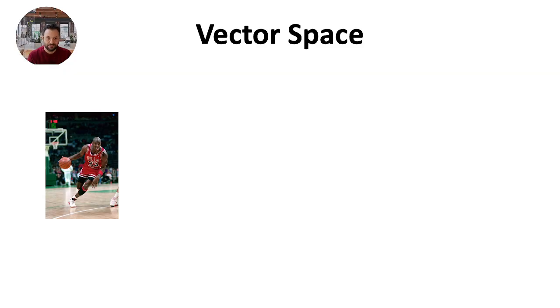It's however many pixels there are in the image and colors, right? Each pixel is going to be represented with some colors, so it makes this image a point in a space, right?